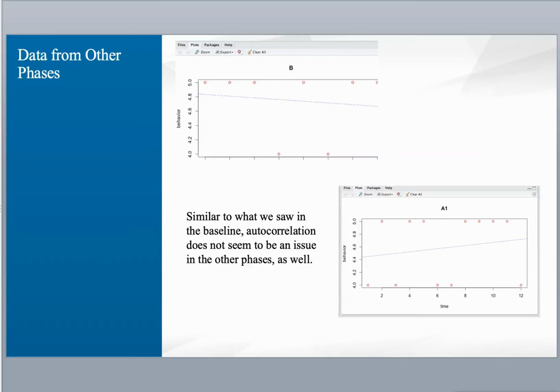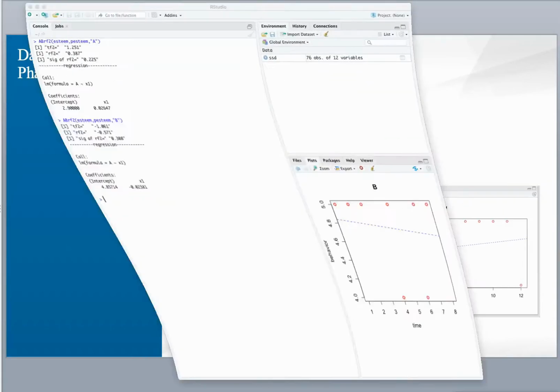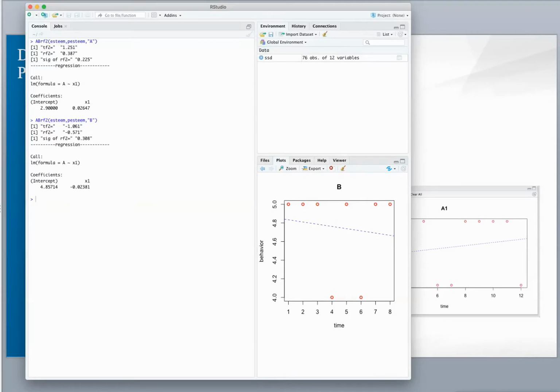Let me bring up my console again, and here I ran the command and I just swapped out the A with the B, and here it's higher. It's getting very close to what we would consider problematic, but it's 0.571. So there is definitely autocorrelation, but it's not at the 0.6 level.